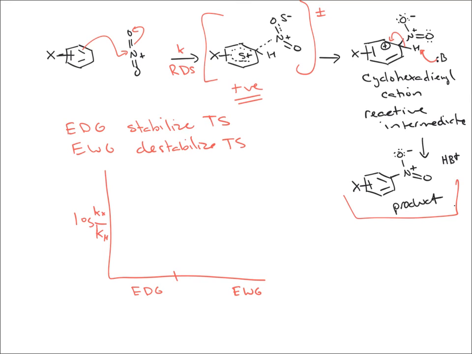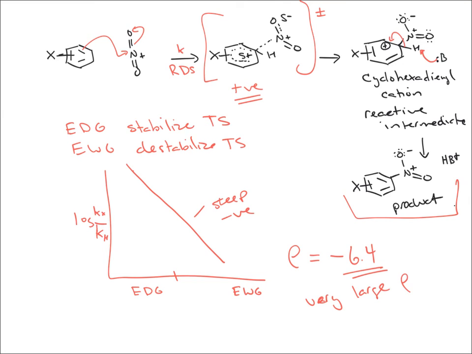And so what is our slope going to be? It is going to be very steep and negative. And we can see that in this case, the rho value equals negative 6.4. So this is a very large rho value.